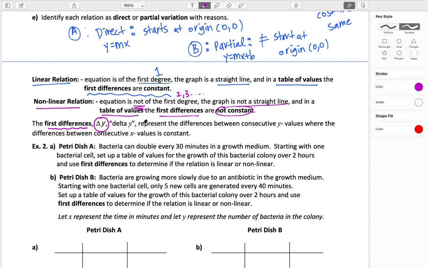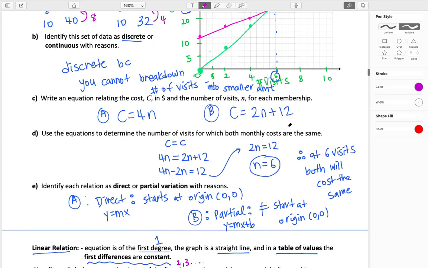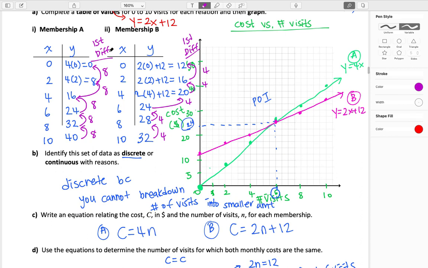This triangle y, we call it delta y. What that means, it represents the differences between the consecutive y values. So you could write it over here at the top, first difference, or you could do change in y. Why? Because I'm finding the difference in the change in y value for the second minus the first value, which is 8.